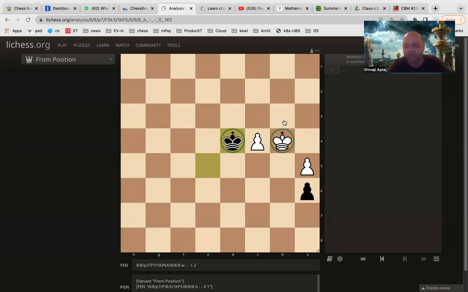Now white has got 3 other squares. White has got 3 other squares, not this, sorry, this, and this. From all 3 of them, white can come to b4, right? Now black, how many squares does black have from which he can come to d4? He cannot come from here because this square is not accessible, attacked by the pawn.